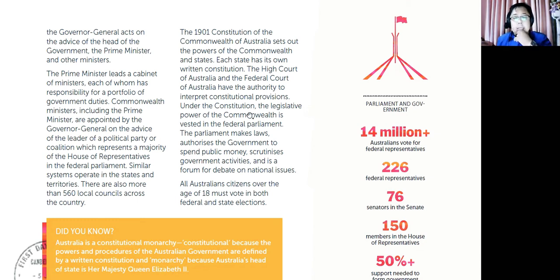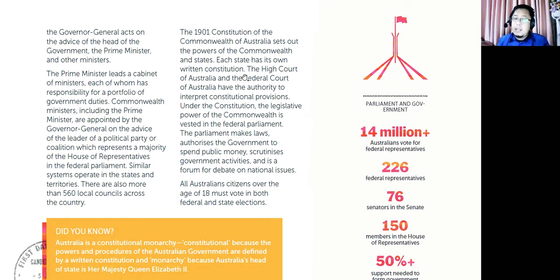So it says that konstitusi tahun 1901 dari Australia ini merancang, sets out, men-setting kekuasaan untuk Commonwealth dan juga state. Setiap state memiliki konstitusi mereka secara tertulis.